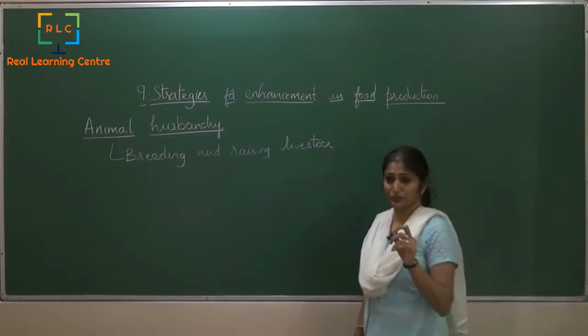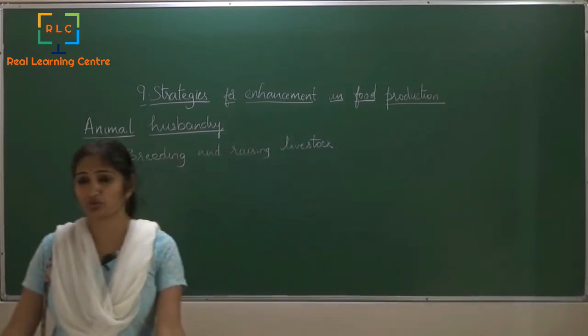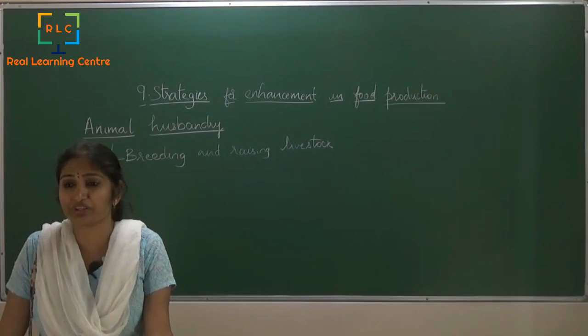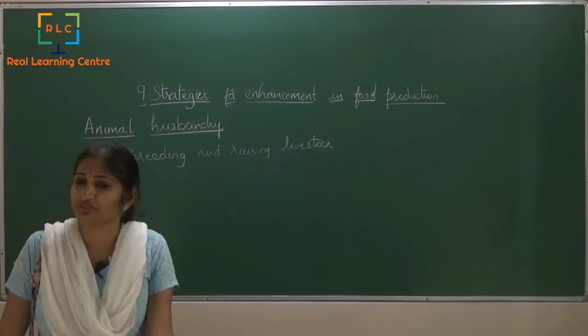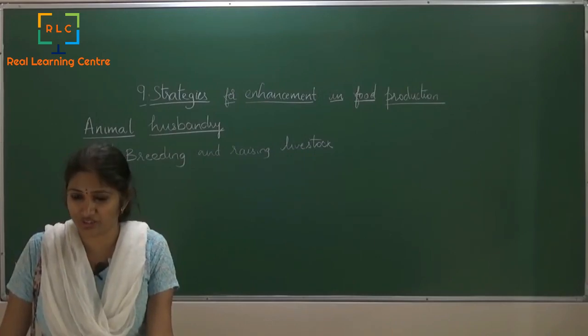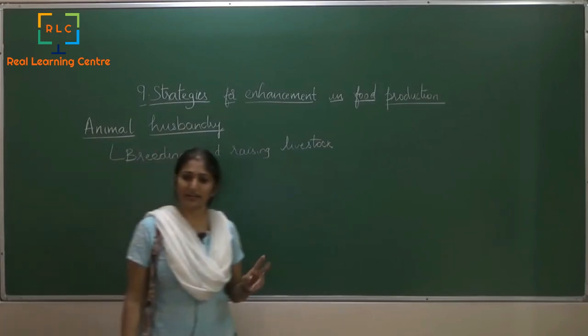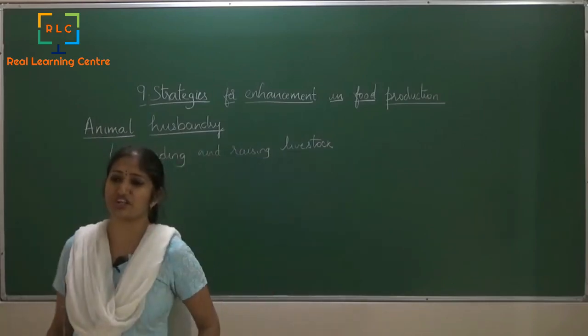And now comes the most interesting part. We say most people in India are vegetarians or things like that, but you will be surprised that around 70% of the world's livestock population comes from two countries. One is India and the other one is China.